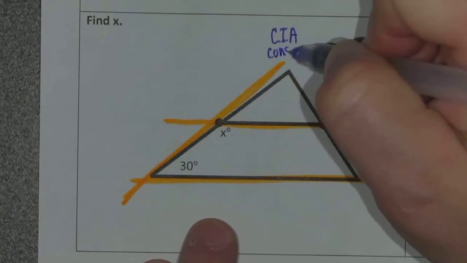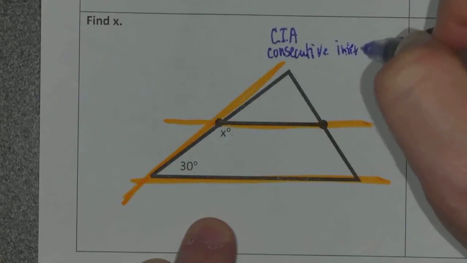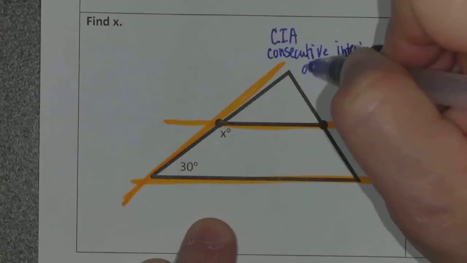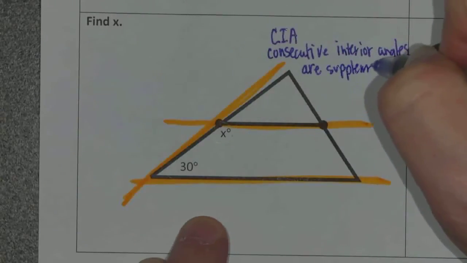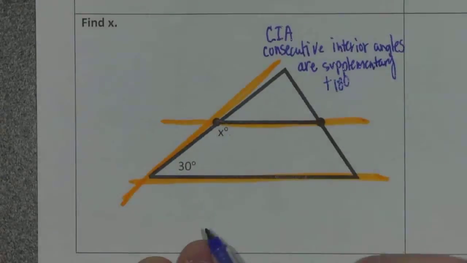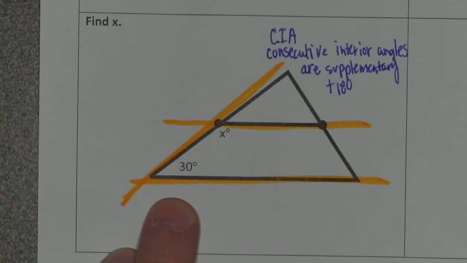Does anybody remember what we know about consecutive interior angles? Are they equal or do they add? There's two different options. They either have to be equal or add to 180, which is, yeah. And that word was supplementary, right? Yeah. They add to 180. So if this is 30, what does x have to be?